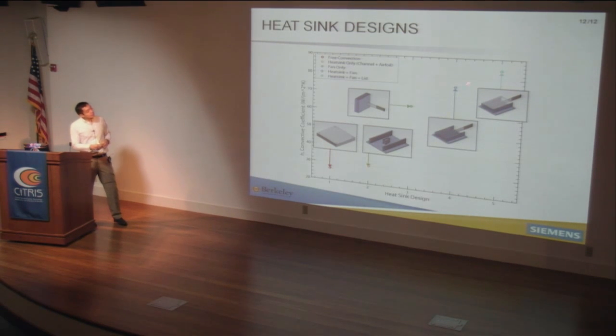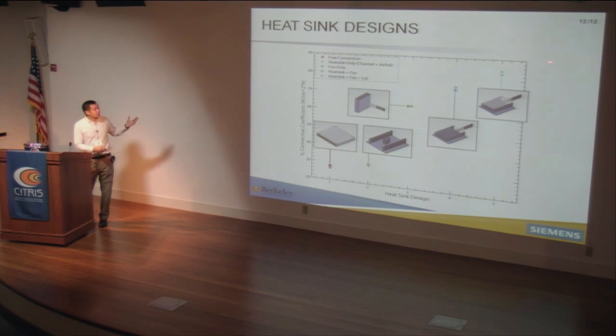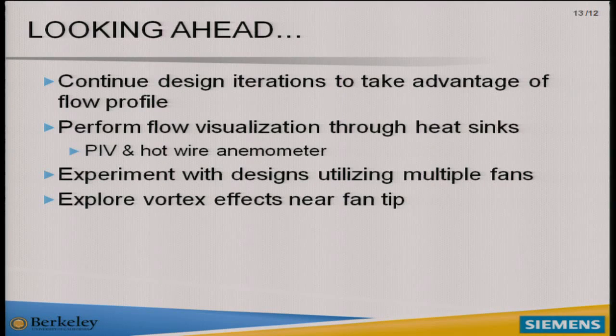Then we added a lid on top of that because we noticed a lot of flow moving normal to the plate. By doing that, we were able to further increase the convective coefficient to about 85 watts per meter squared Kelvin. So this is where we're at.